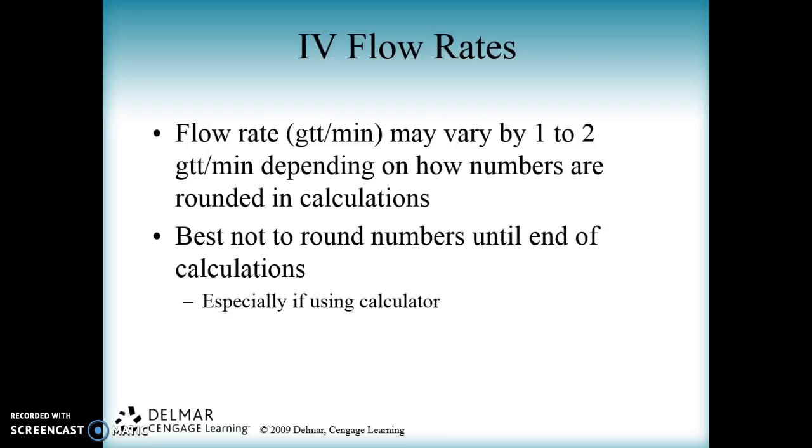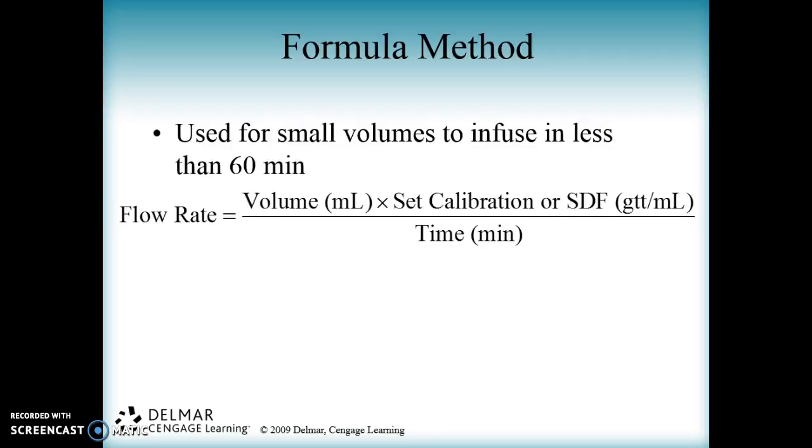The formula method is using this particular formula. Anytime we're calculating flow rate, we have to have the volume that we're going to infuse in milliliters. We're going to have the drop factor, which is the set calibration, so what does it say on the packaging. And then our time to infuse goes on the bottom. The key with this formula is to make sure our time is in minutes.